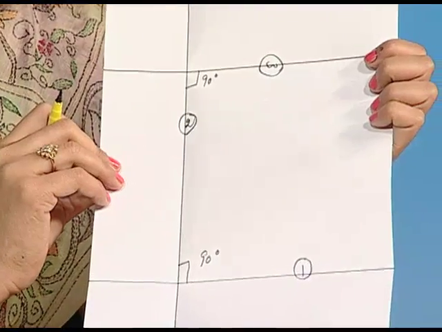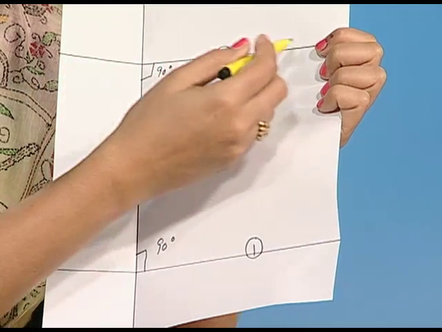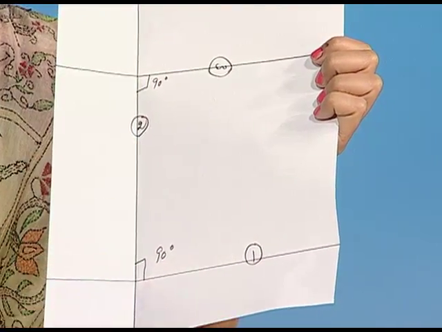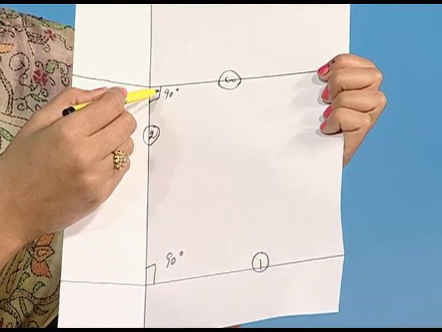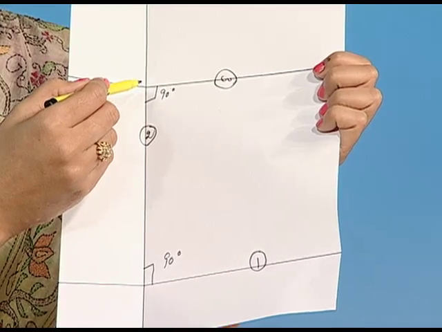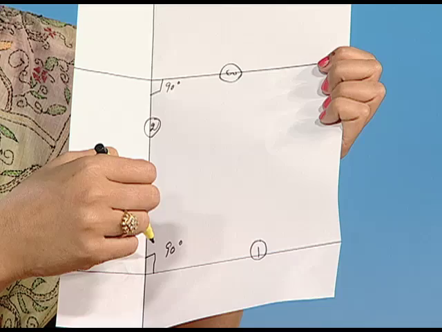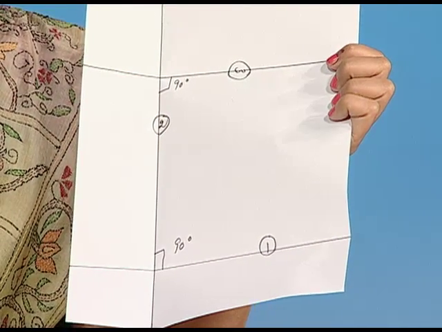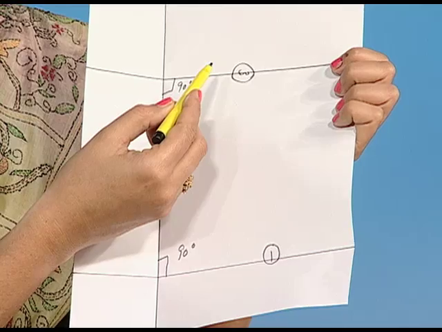Now observe this carefully. Line 1 and line 3, and line 2 is acting as a transversal. 90 degrees plus 90 degrees is 180 degrees, which is the sum of two interior angles on the same side of the transversal. So line 1 will be parallel to line 3.